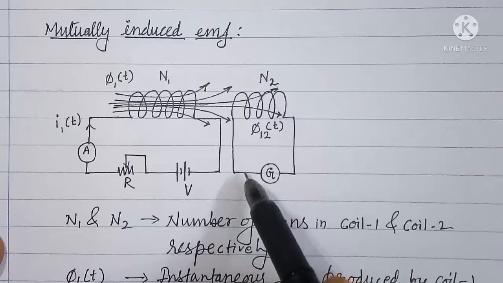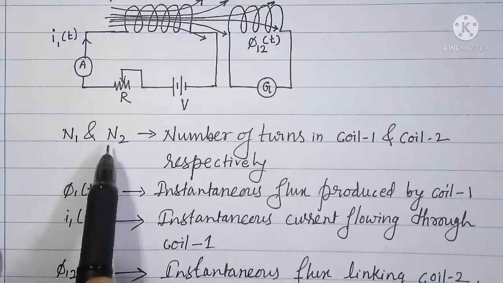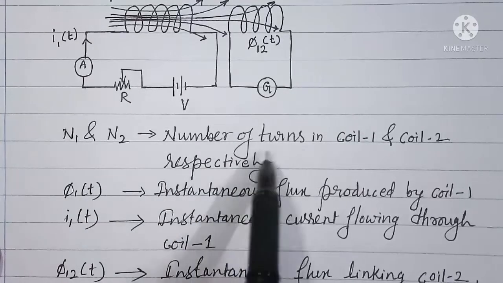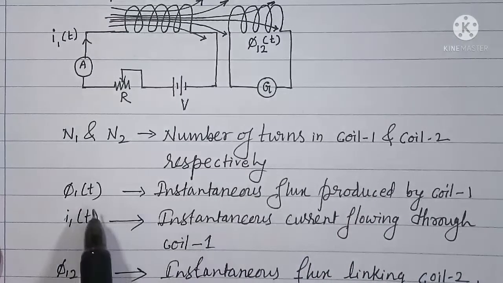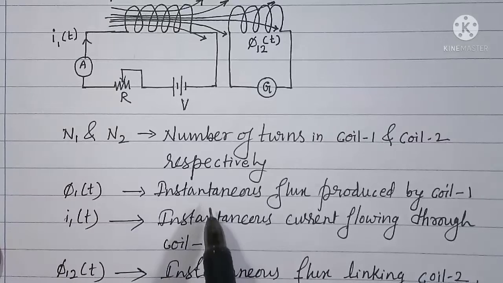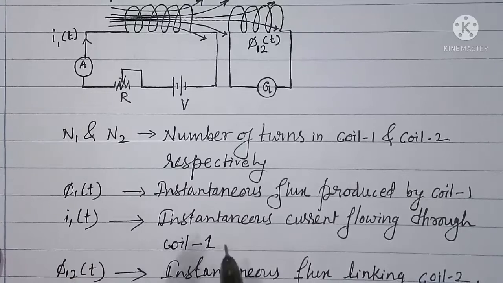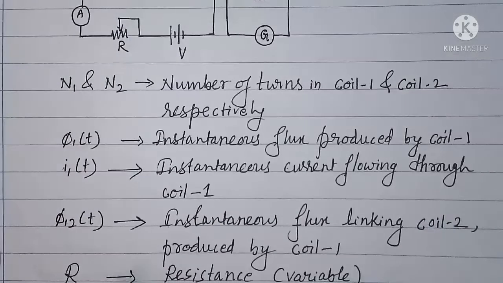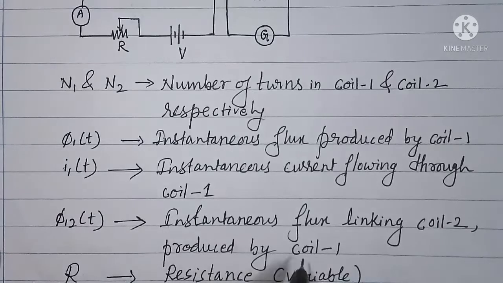The details of the figure are as under here. N1 and N2 are the number of turns in coil 1 and coil 2 respectively. Phi 1 of t is instantaneous flux produced by coil 1. I1 of t is instantaneous current flowing through coil 1. Phi 12 of t is instantaneous flux linking coil 2 produced by coil 1.